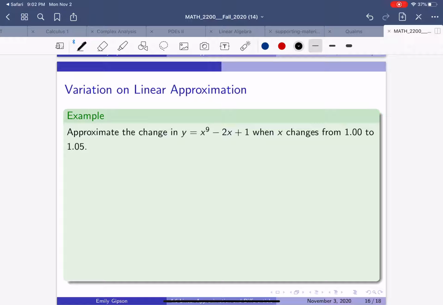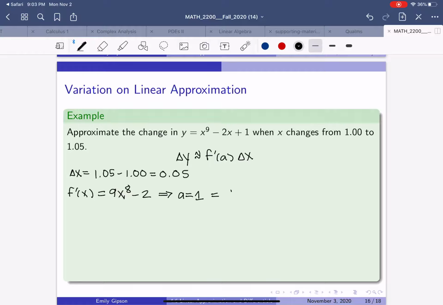So here we know delta y is approximately equal to f prime of a times delta x. So we need delta x, which is going to be 1.05 minus 1.00, otherwise known as 0.05, and we need f prime of x, which is going to be 9x to the 8th minus 2, evaluated at a, where a equals 1.